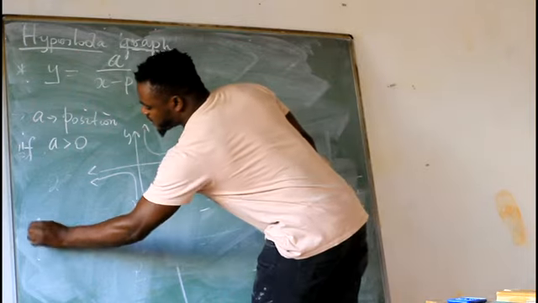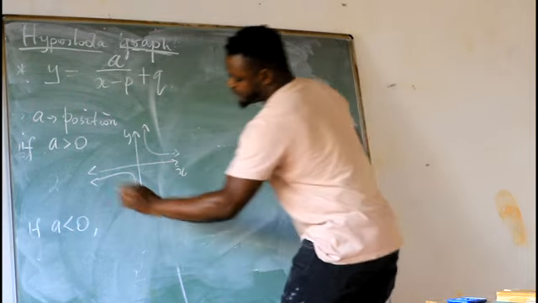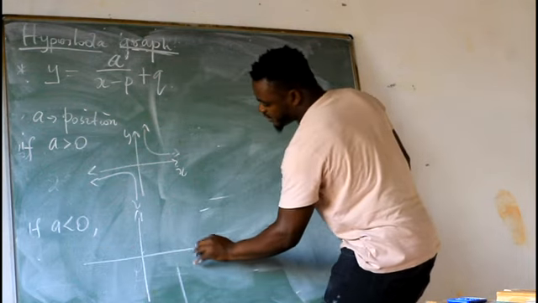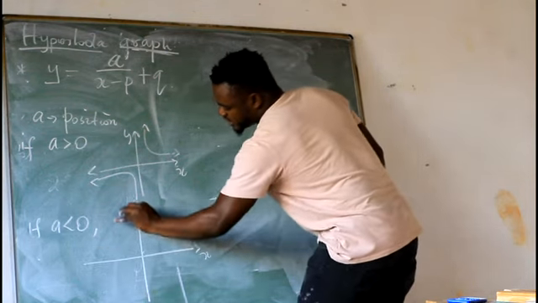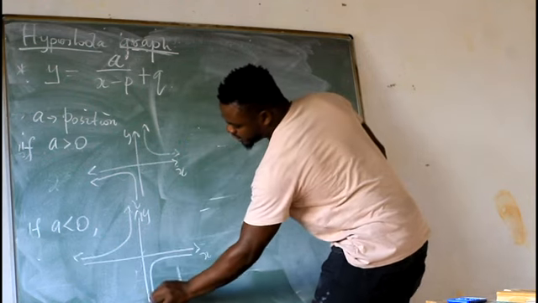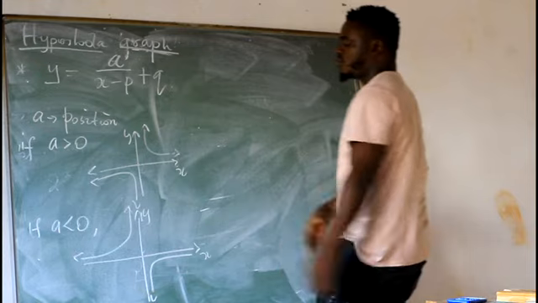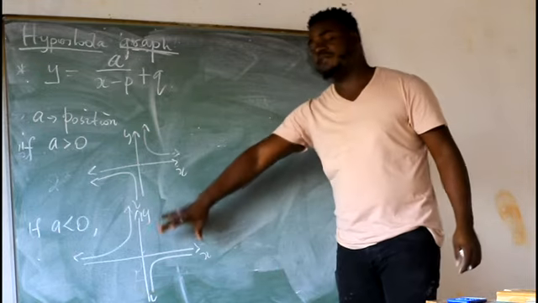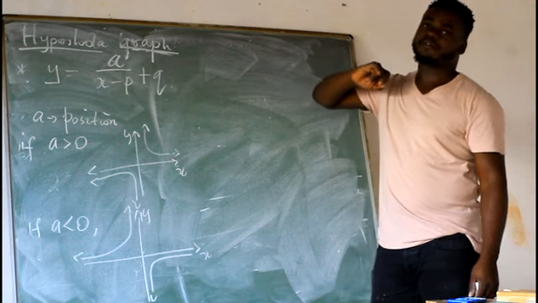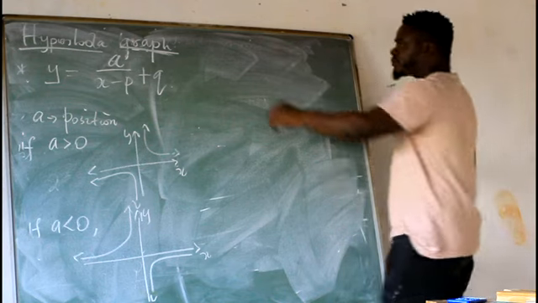And if a is less than 0, then the graph is going to lie on the second quadrant, just like that, and the fourth quadrant. This is how you determine the position of the graph. Now, a determines the position of what? Of the graph. Okay, guys.